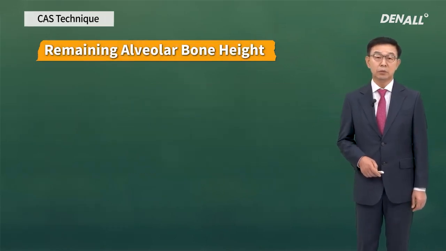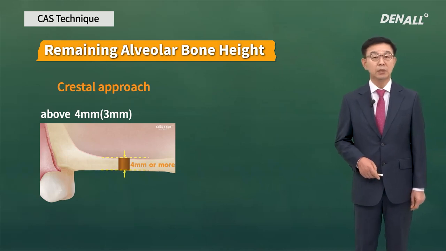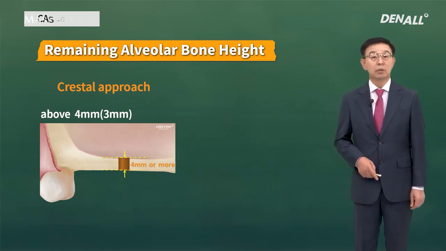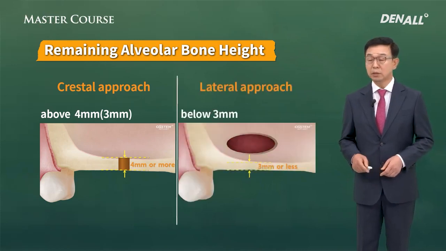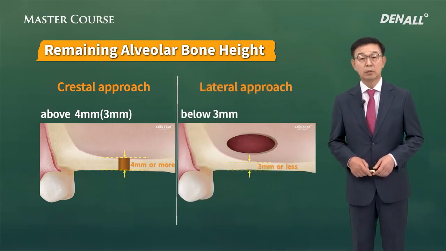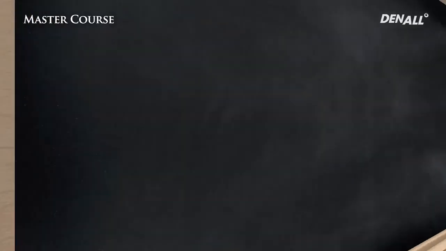This is done when the residual alveolar bone amount is over 4 millimeters, and as of late, it can be done when it is over 3 millimeters. In the case of over 4 millimeters, the crestal approach is used in general to place the implant, and if it is below that, the lateral approach is used to do bone graft for implant placement.